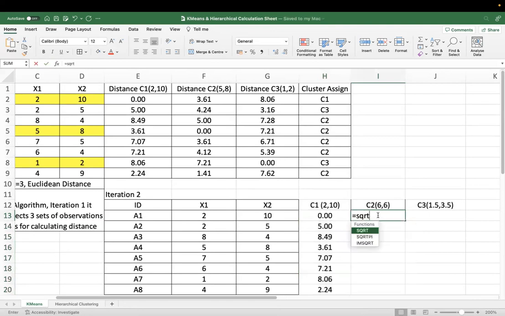Similarly, SQRT, open 2 brackets, 2 minus 6 to the power of 2 plus open bracket 10 minus 6 to the power of 2, close bracket. 2 minus 6 whole square plus 10 minus 6 whole square.